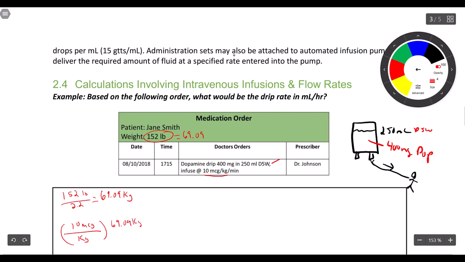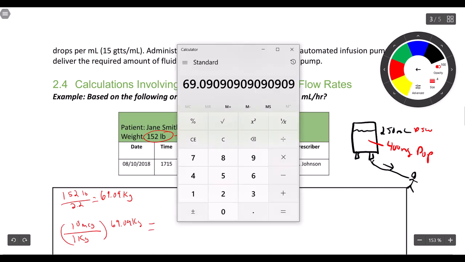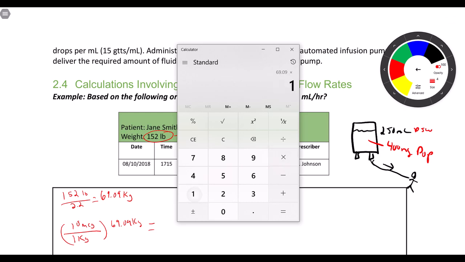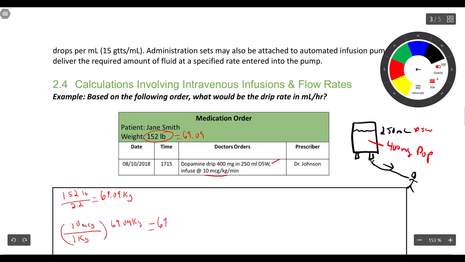If I do the math on that, 69.09 times 10, you move the decimal, and we've got 690.9 micrograms of drug. That's the amount of drug that we are going to be administering every minute.